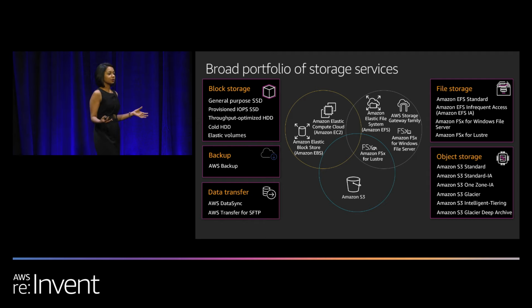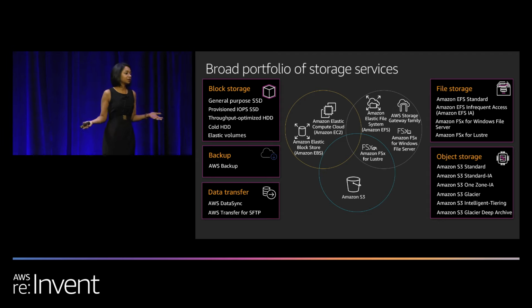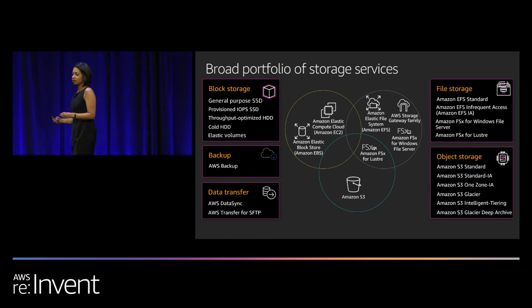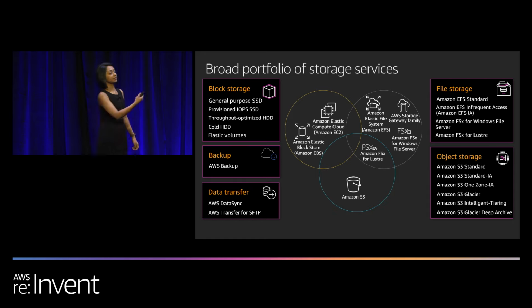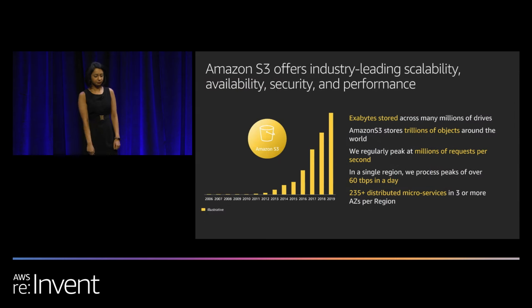And as a result of this customer input and listening to you over the last 13 years, we guide more than 90 to 95% of what we build based on what we hear from you. And so we have a very broad and deep portfolio of storage services. So you can see file, block, and object store here. In this session, we're only going to talk about object store and how you can optimize cost on it.